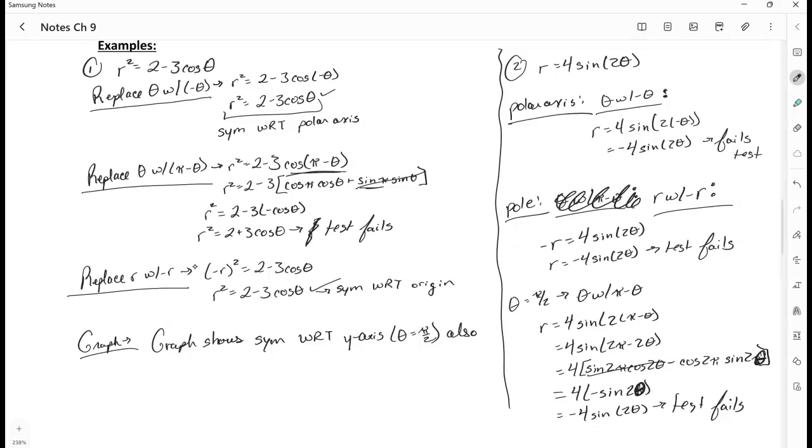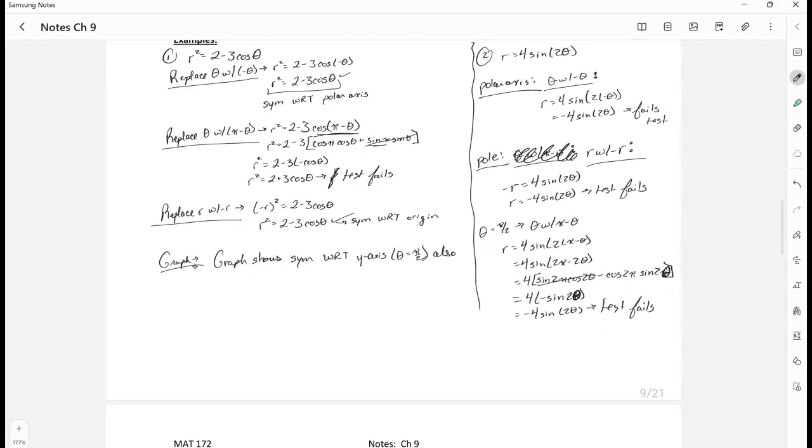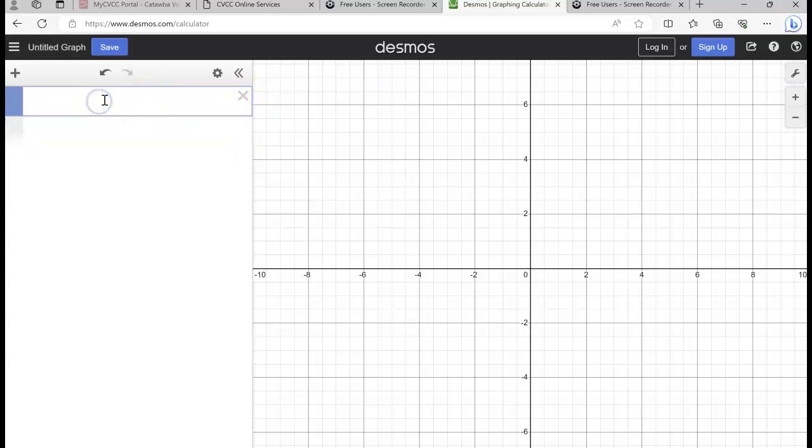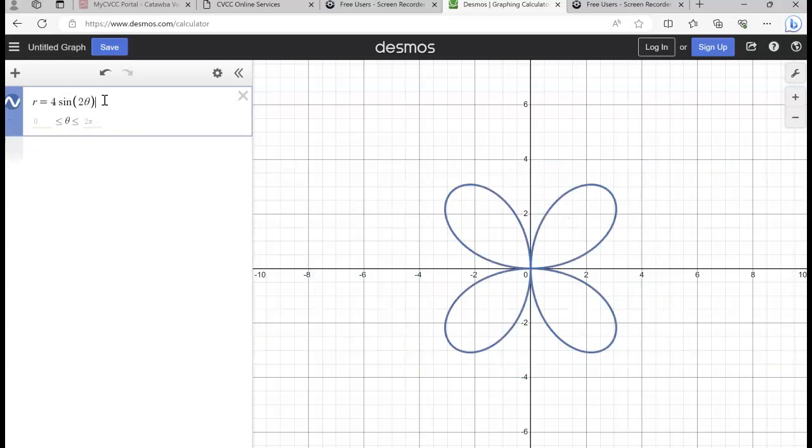So in this case, all 3 tests fail, but let's check the graph for this guy because we know that's the equation that arose. So I'm going to go to Desmos, and I'm going to graph that one. R equals 4 sine of 2 theta.